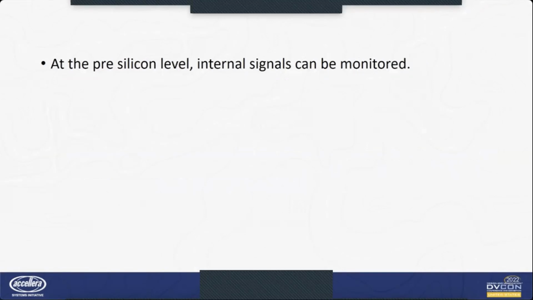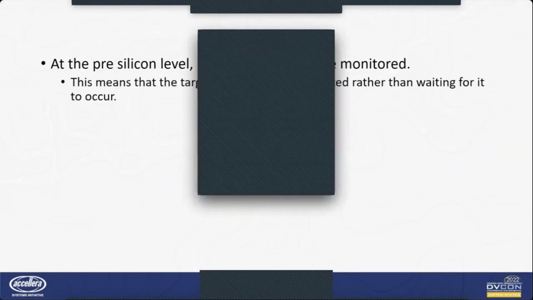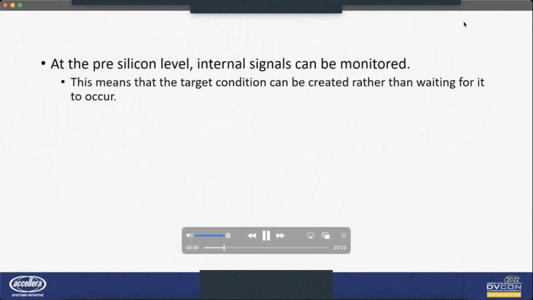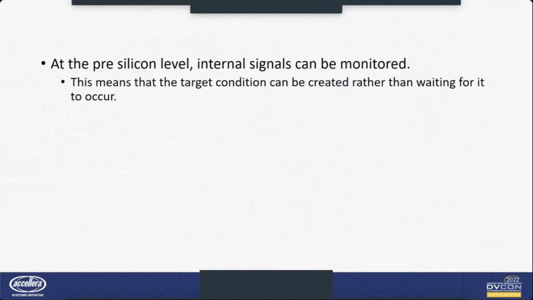In the pre-silicon environment, you can check the status of internal RTL signals and use them for verification. In other words, in a pre-silicon environment, we can create the condition ourselves rather than waiting for the deadlock condition to occur with a random test. Deadlock verification in pre-silicon requires an approach from this point of view.